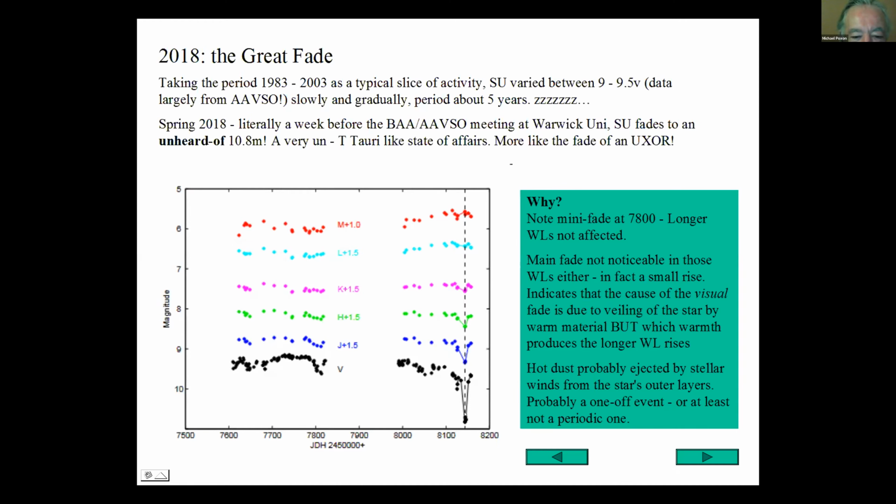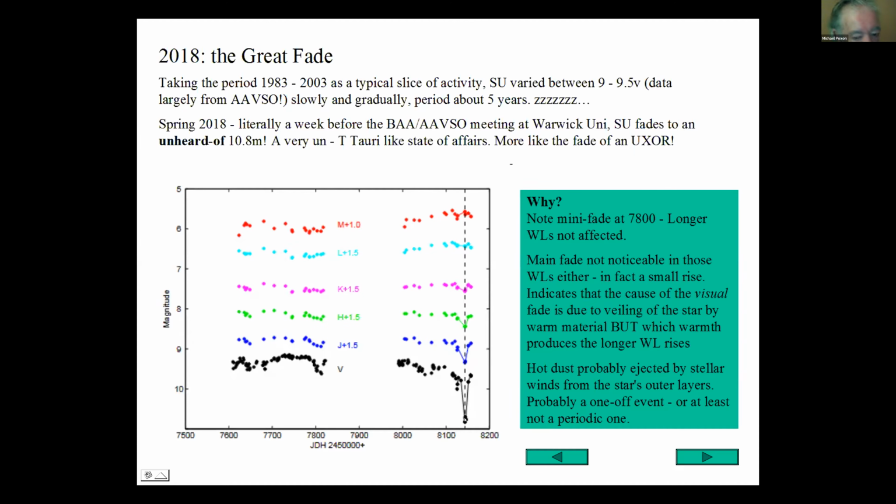And it's really interesting here if we look at the variations across a range of wavelengths. This is visual. And as you go up the diagram here, you're getting into ever longer wavelengths. So we're talking near and far infrared. And it's interesting. This is one reason why visual observations are useful.